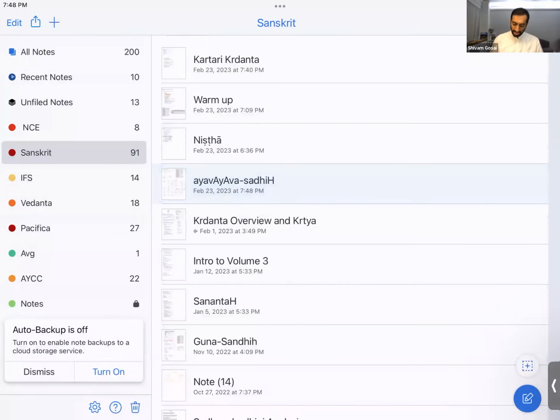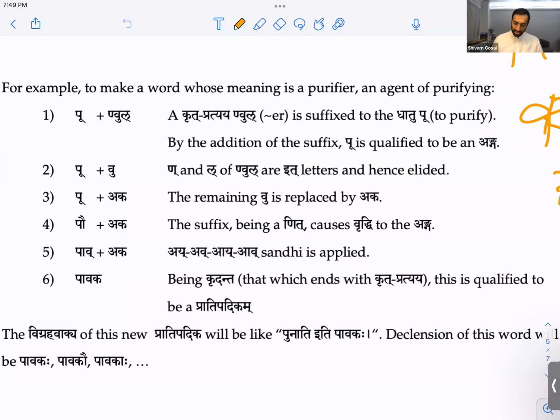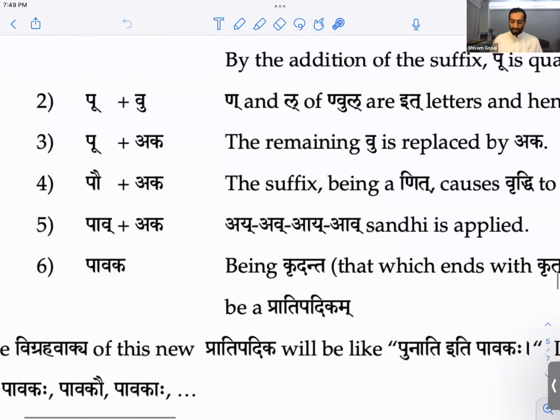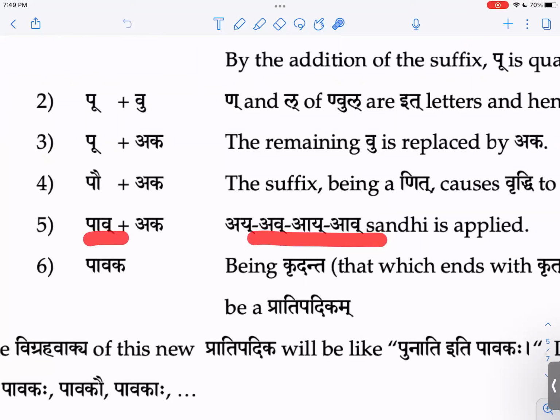I'll show you this in another page. Let me pull this back here. Okay, so here we're coming back to this page. So originally we had pu dhatu plus nvul. This is what we skipped a few steps on the ayavayava sandhi. Where we started there was here, po plus aka. How we got there was we started with pu dhatu plus nvul. Pu then is plus aka. U becomes o because of vriddhi. And then o becomes av because of ayavayava sandhi. Yeah. So pavaka. Okay, I got it.